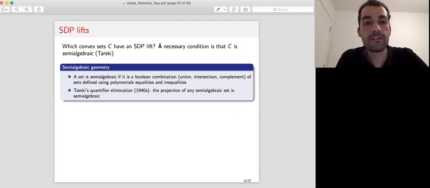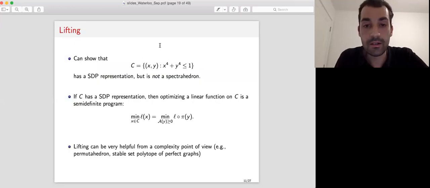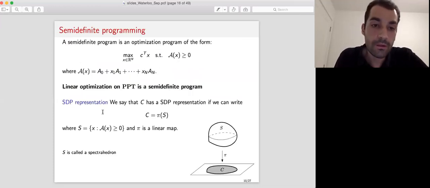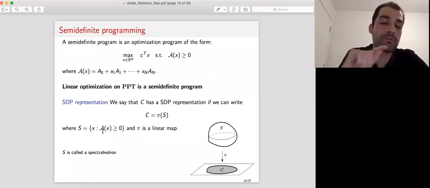And it's almost obvious that any convex set C that has an SDP representation has to be semi-algebraic. The reason is the condition that a matrix is positive semi-definite can be encoded using polynomial inequalities. You essentially require that some minors of the matrix have to be non-negative.